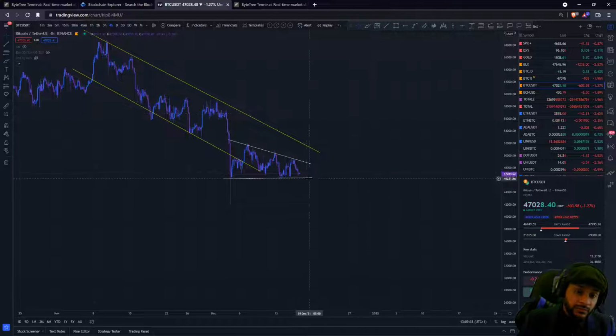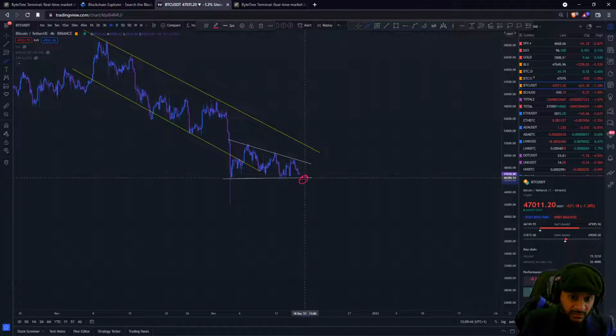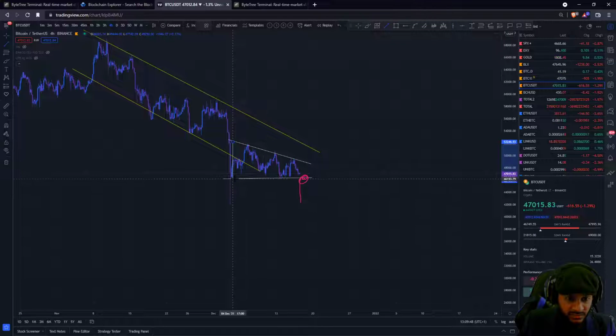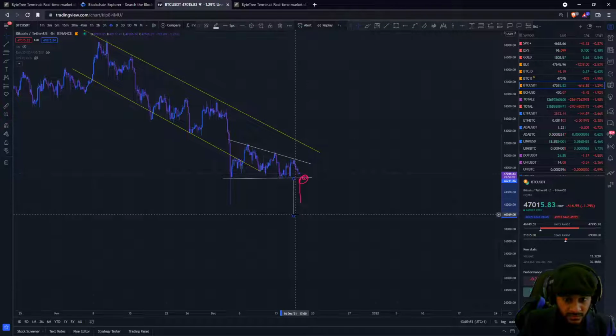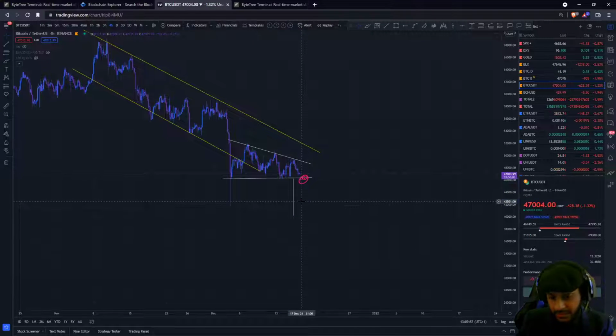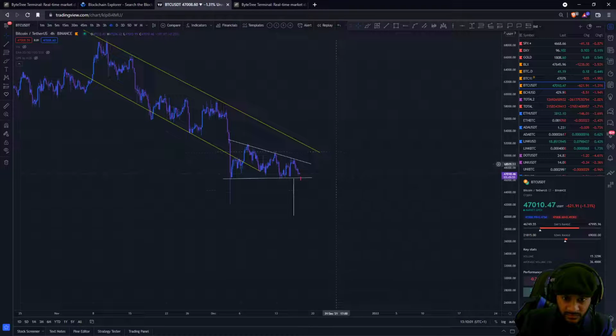What I'm looking for right now is if the price of Bitcoin breaks this white line over here, it's going to decrease. The target of this price will be somewhere around 39,000, 40K, something like that. That's why I'm keeping my eye on this chart, because it's a make or break move.